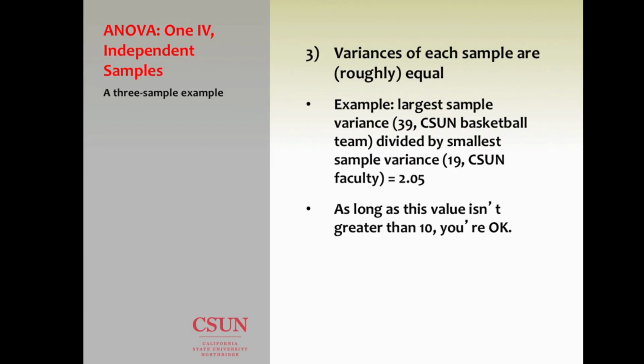The third assumption here is that variances in each sample are roughly equal. So I mentioned this earlier. If our variances are wildly weird in, let's say, one of our samples, the basketball team was just all over the place or something like that. Here they did have the biggest variance at 39. But suppose one of them screwed up and answered like 175 or something, a really big outlier.